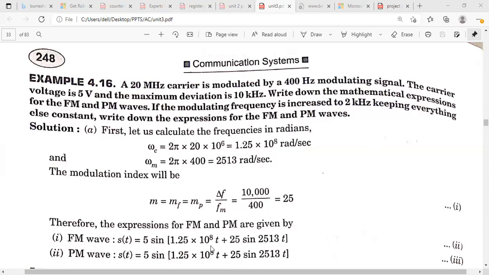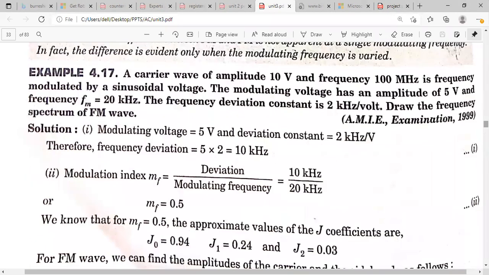And in the next case, you have to consider the modulating frequency to be equal to 2 kilohertz.